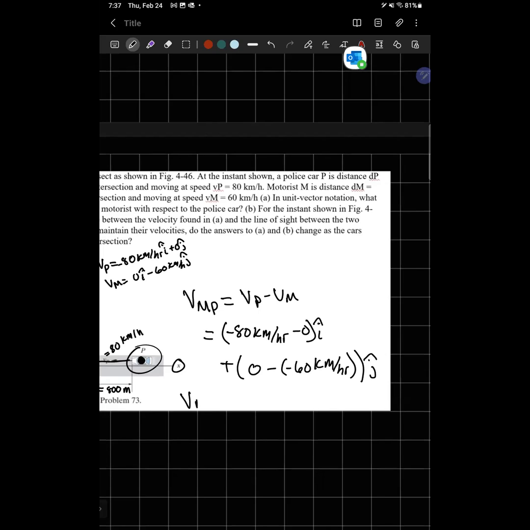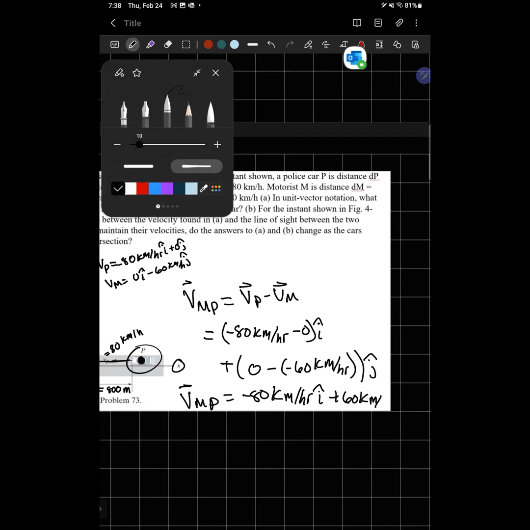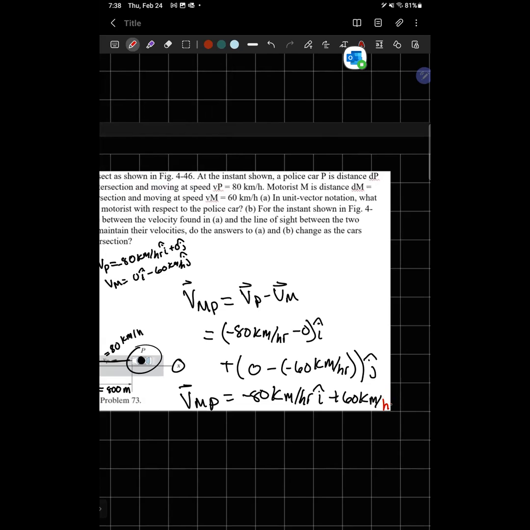So it's gonna give me VMP equivalent to negative 80 kilometers per hour I hat plus 60 kilometers per hour J hat.